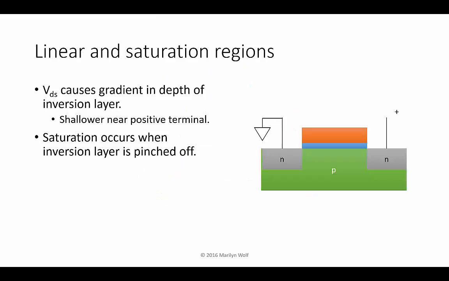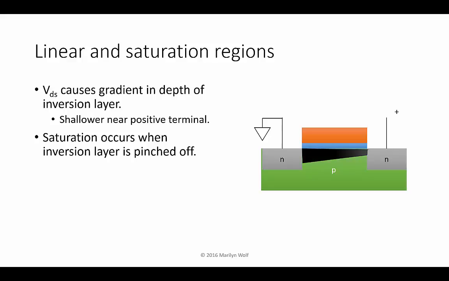Why does the saturation region exist? It's because of a physical effect in the structure of the inversion region. If we have a low VDS, the minority carriers are spread evenly throughout the channel. As we increase VDS, we have more carriers at one end of the channel than at the other.